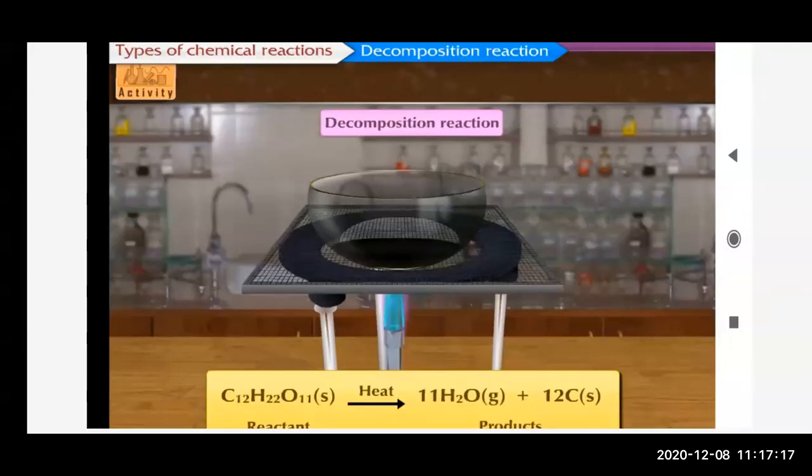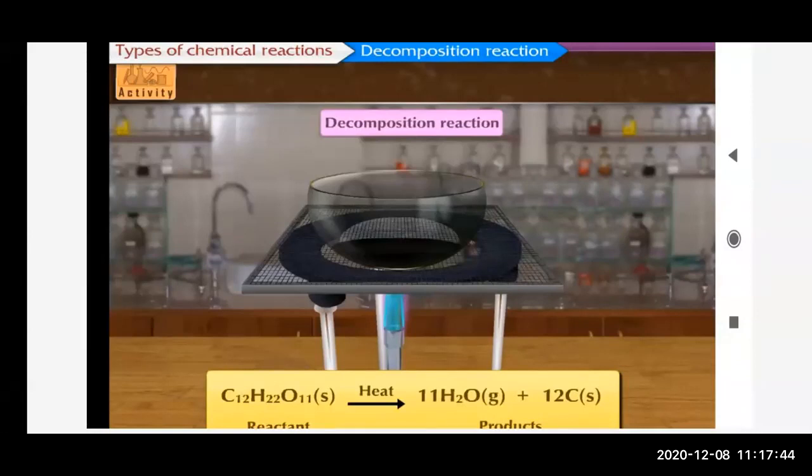So C12H22O11 decomposes to form water and carbon. Here a single reactant is there and two products are formed. So in the above activity, a single reactant, sugar, is divided into two substances, carbon and water. This was the first activity about decomposition reaction.